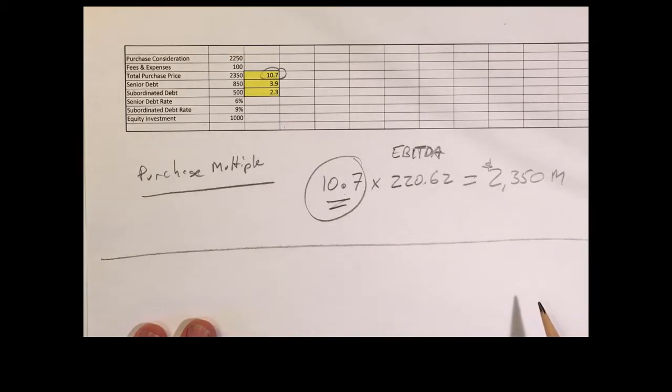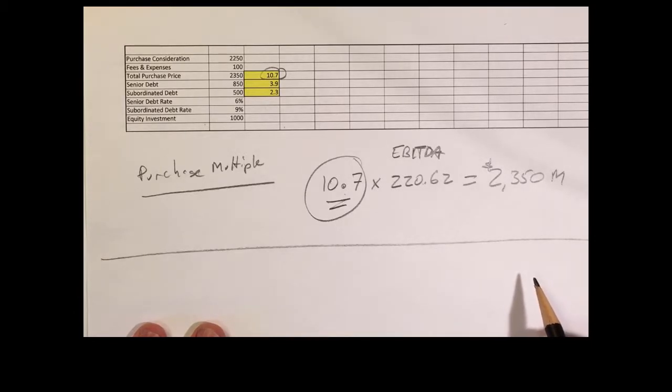Because what they want to see is a multiple that is consistent with, in the range of, similar comparable transactions, because that gives them comfort that the price that's being paid is, from the perspective of the buyer, not too high, and from the perspective of the seller, not too low. It's the just right Goldilocks number.